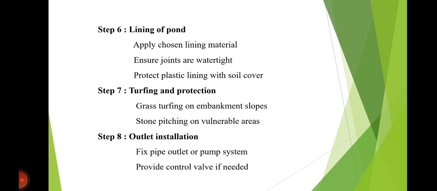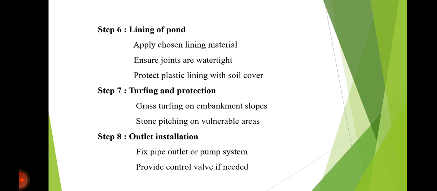The plastic or geomembrane lining is based on HDPE or PVC. Apply the chosen lining material, HDPE or PVC. Ensure joints are watertight. Protect plastic lining with a soil cover. The lining is also laid carefully to prevent leakage and drainage.